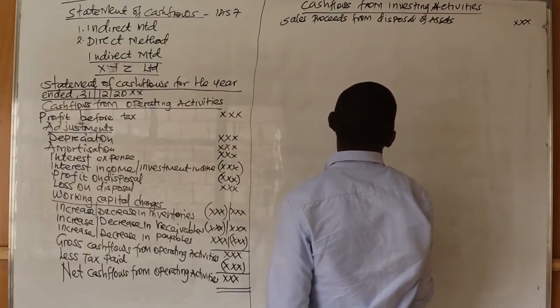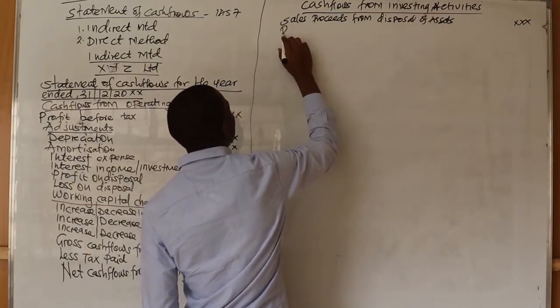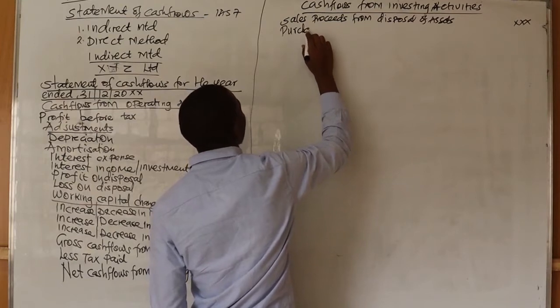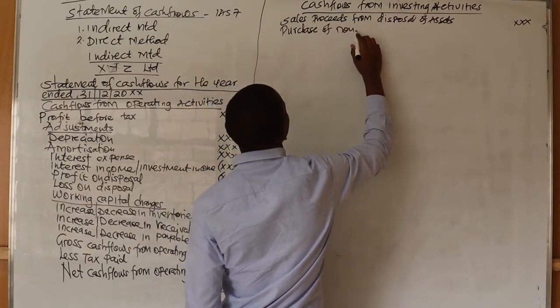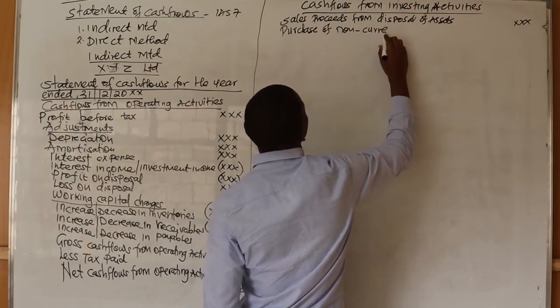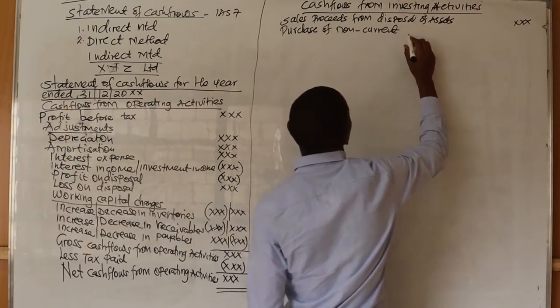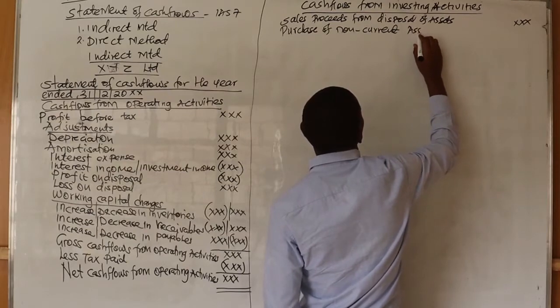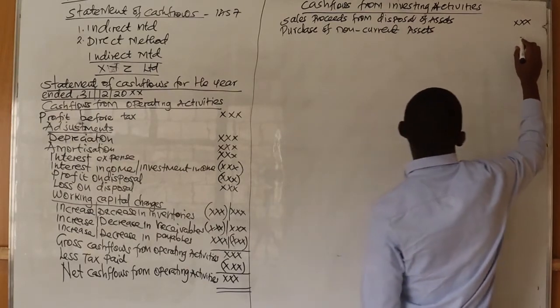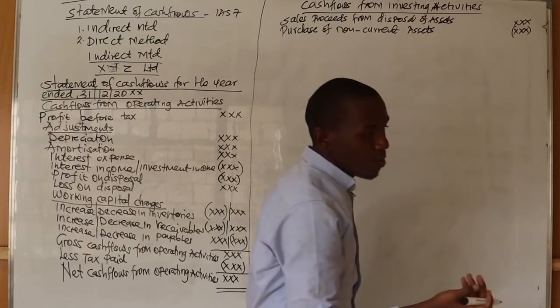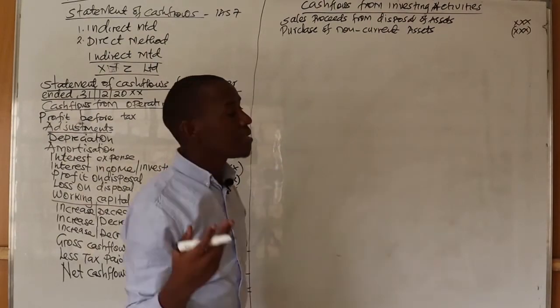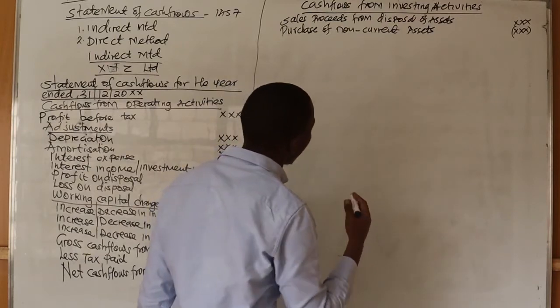Then again, if there is also a purchase of non-current assets, the cash proceeds from that purchase of non-current assets, in this case also, you will have to less, because once you purchase an item, remember it's a cash outflow because you are paying.